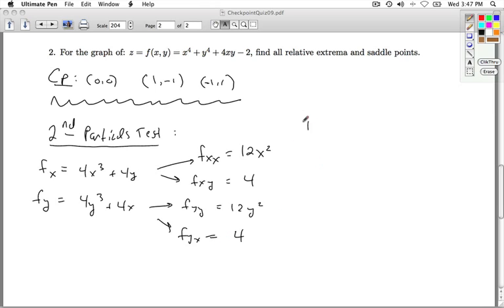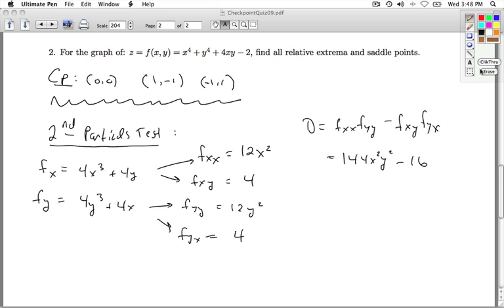So what I need to do is analyze my D. fxx fyy minus fxy fyx. 12x squared times 12y squared is 144 x squared y squared, minus 4 times 4 is 16.